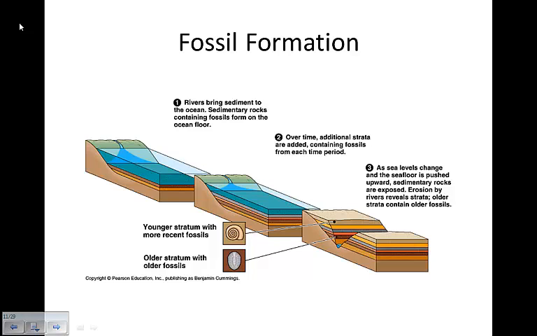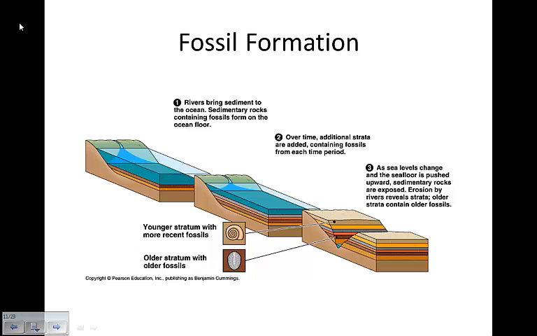The term strata means layer. We can tell the age of rocks and fossils based on the location of the strata, or we can assume we can. The oldest layers are on the bottom and the youngest layers are on the top. That makes sense. When I make a lasagna, my first layer is the one I put in first, and the one at the top is the last layer I put in.